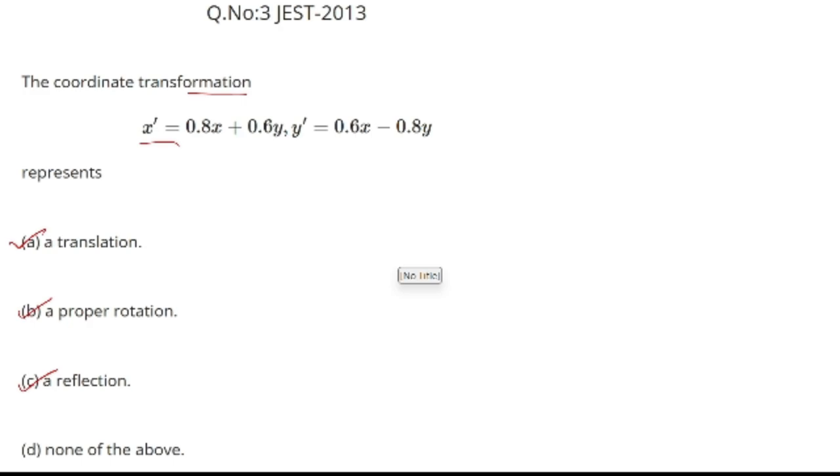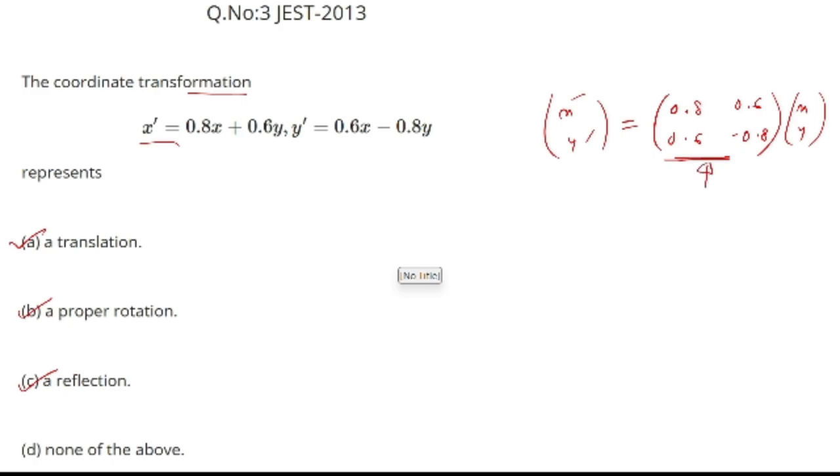So let's write this in terms of a matrix. x dash, y dash equals 0.8, 0.6, then 0.6, minus 0.8, times x, y. So this will be the transformation matrix.